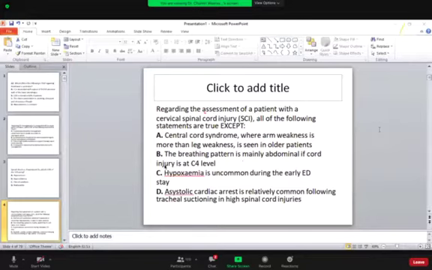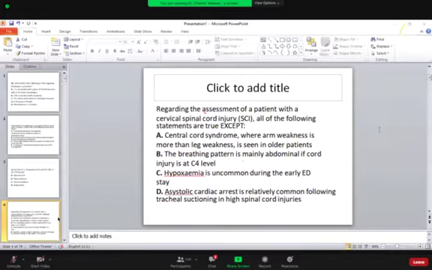So in central cord syndrome, you can get it due to bleeding, infarction or edema involving the central gray matter of the spinal cord. It is usually seen in the cervical cord. We think that the nerves responsible for the upper limb travel centrally and the lower limb travel peripherally.